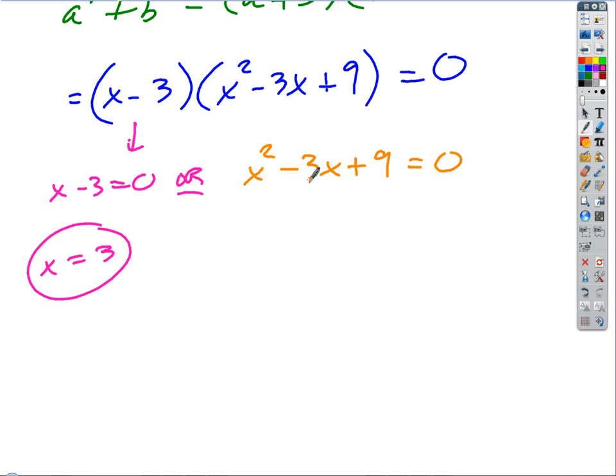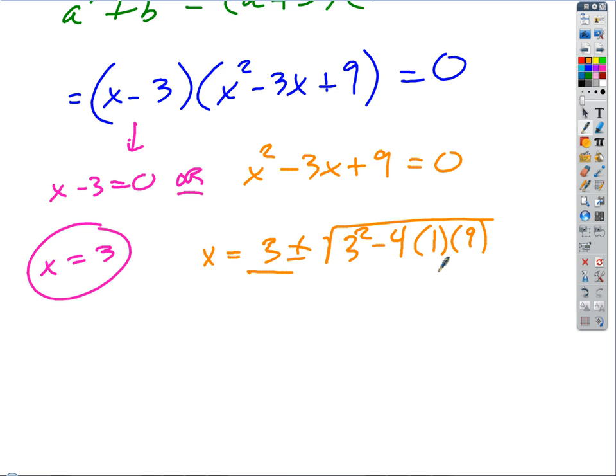Now watch this closely, because there's something that's going to happen here that's going to be the same result every time. This is big. So if I solve the quadratic formula, I get X equals negative B, so negative negative 3, plus or minus the square root of B squared. What do I put in there for B? Negative 3. Never square a negative. Negative 3 squared minus 4 times 1 times 9, all divided by 2A, so divided by 2.